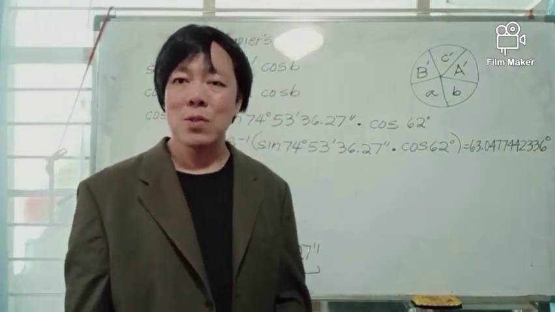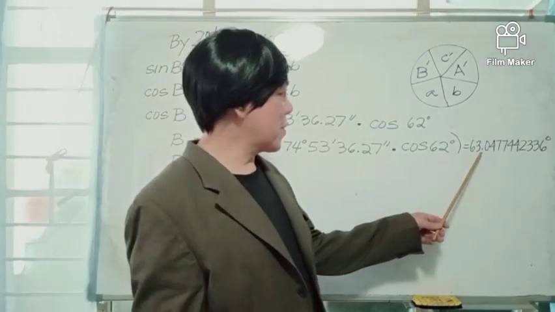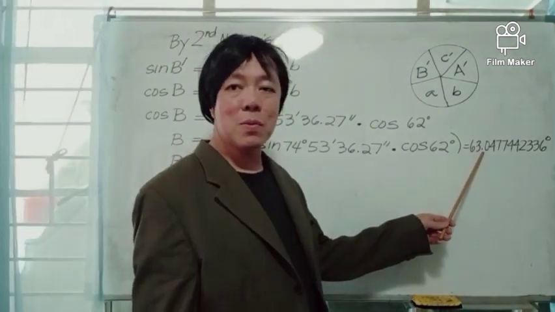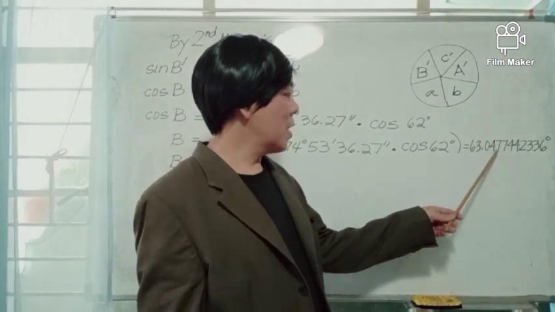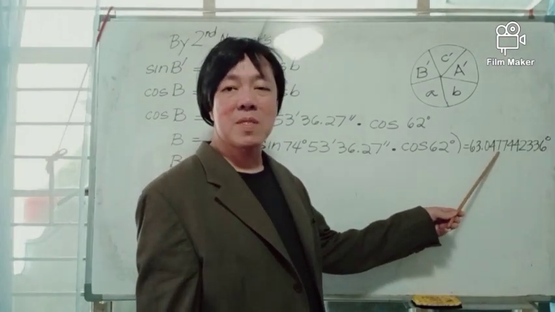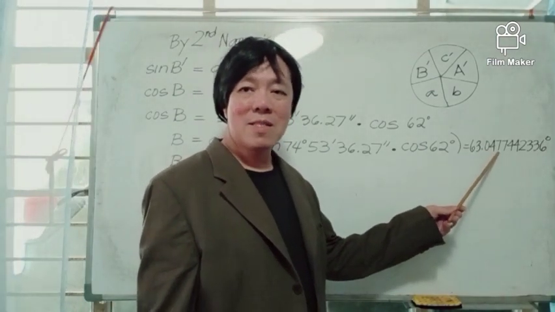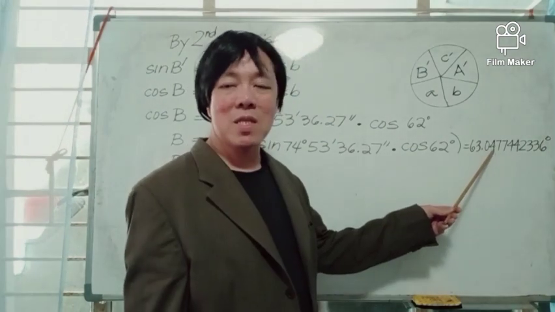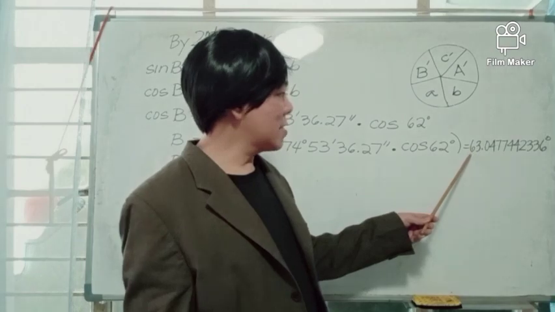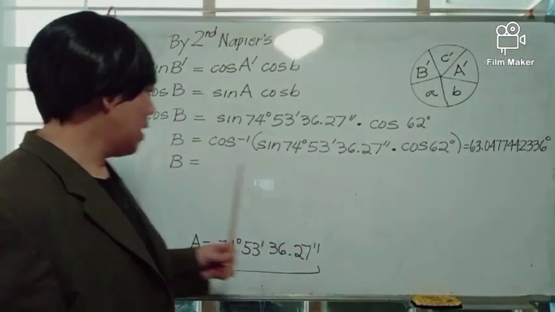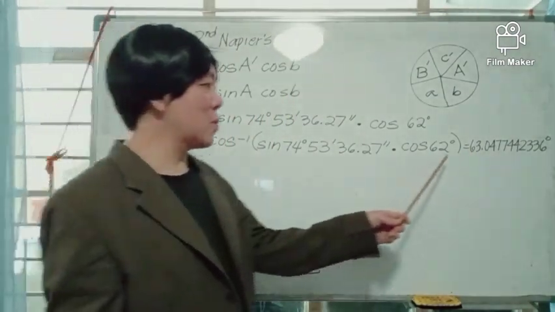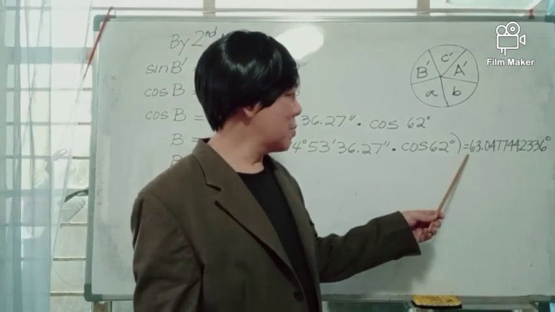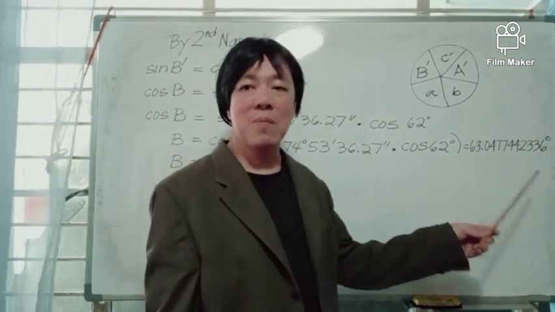If we want the answer to two decimal places, after the decimal point, you count two decimal numbers, 1, 2, and the third decimal number, 7, is to be rounded up. Since 7 is more than 5, we add 1 to the preceding digit 4. Hence, the angle capital B to two decimal places should be 63.05 degrees.